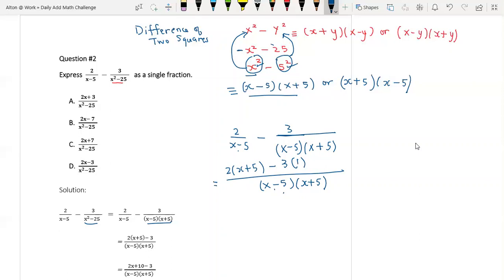So let's simplify now. Expanding our brackets, 2x plus 10 minus 3 all over x minus 5 by x plus 5.